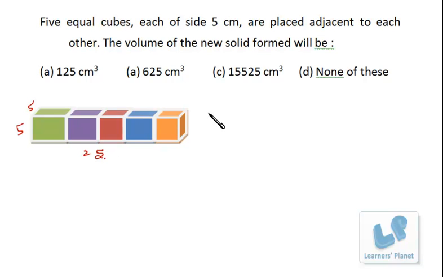So what will be the volume of the new solid? That is 5 into 5 into 25, that is 25 square, that is 625 cubic centimeter, right? So initially you can draw the picture, otherwise after practice it's not necessary, you can just visualize it, right?